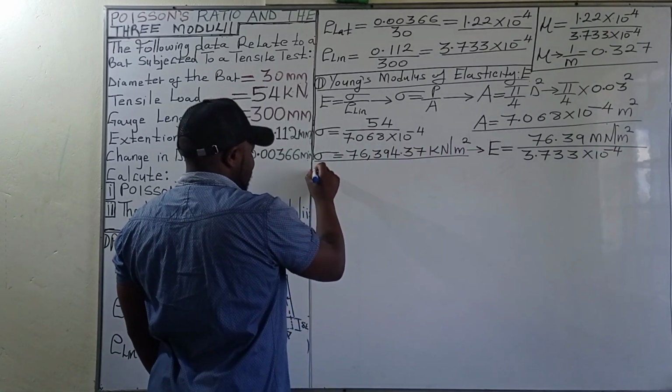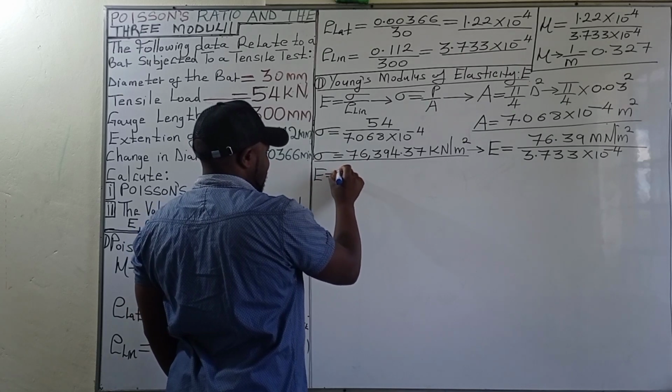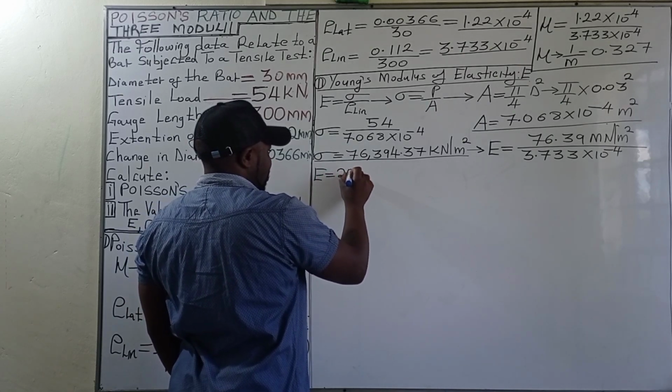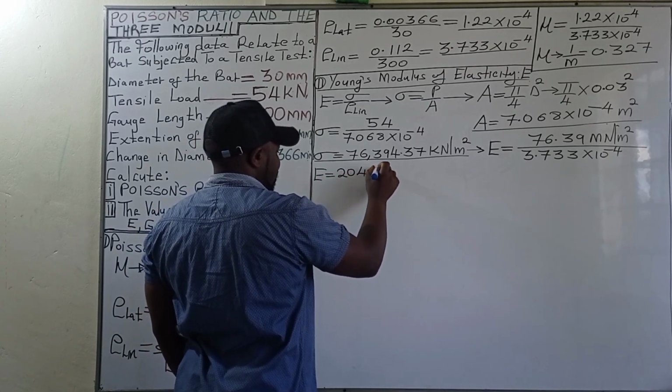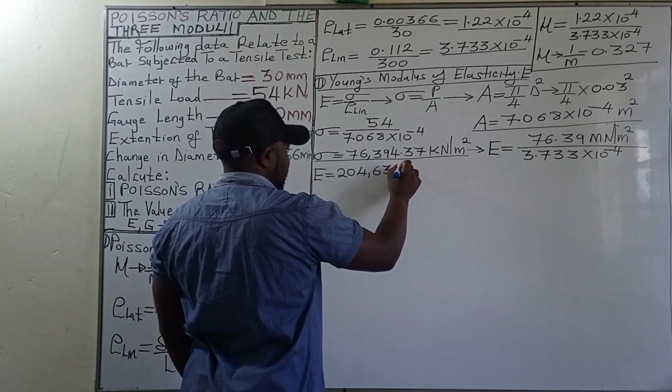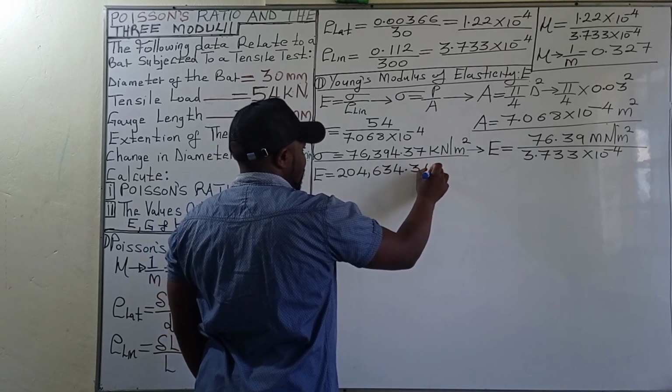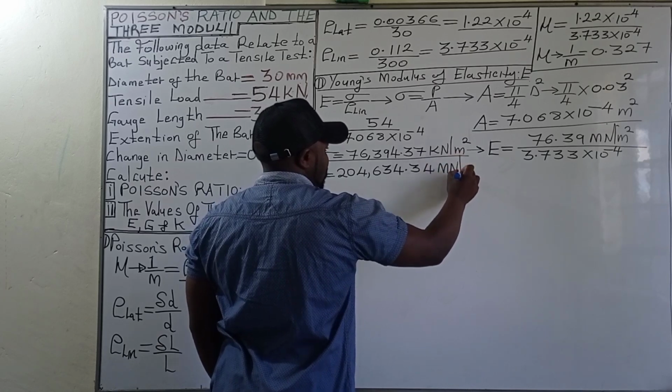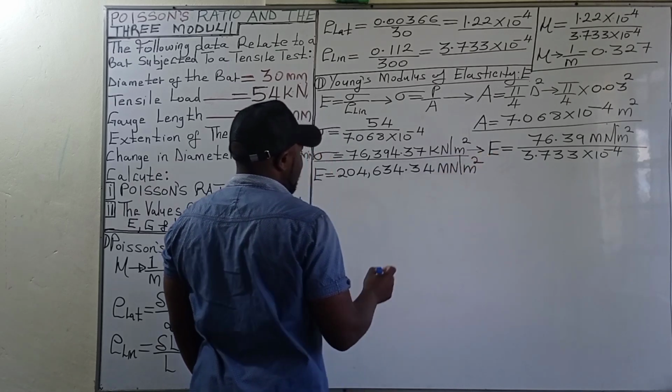And that is going to give us a Young's modulus of elasticity of 204,634.34 meganewtons per square meter.